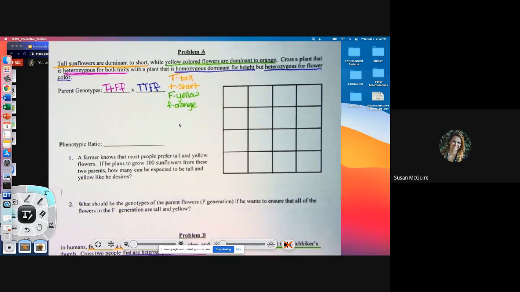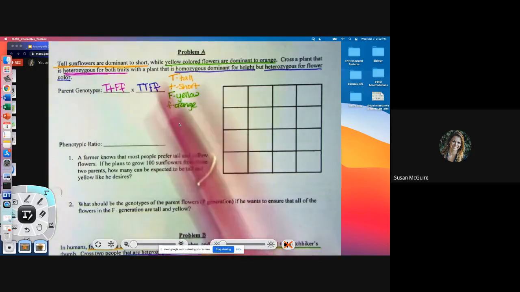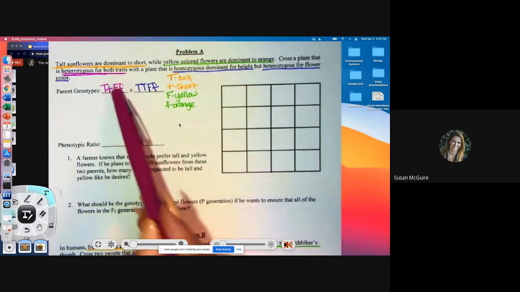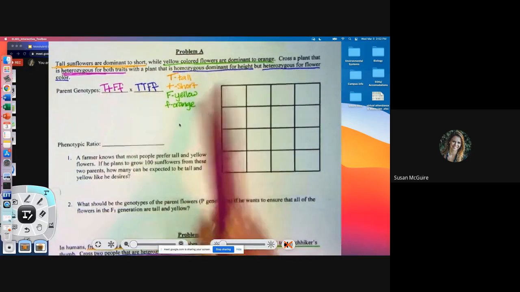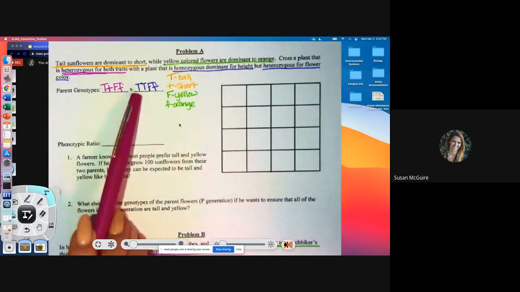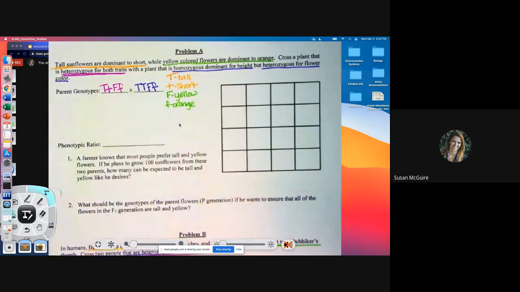Okay, so problem A, we started: tall sunflowers are dominant to short, while yellow are dominant to orange. We're crossing a plant that is heterozygous for both traits with a plant that is homozygous for height and heterozygous for color. So we have parent 1, heterozygous for both, parent 2, homozygous dominant for height, heterozygous for color.